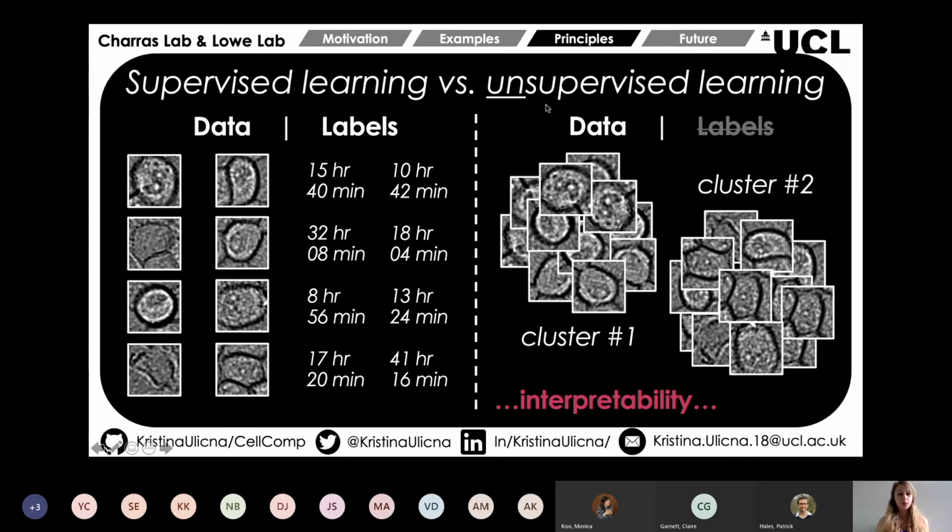In contrast to supervised learning, when we train a model in an unsupervised way, the only thing we provide is the data, and actually we provide a lot of it. But now we do not provide any labels. I do not tell my model the right answers to my problems. So the only thing the model is left with is a lot of data.